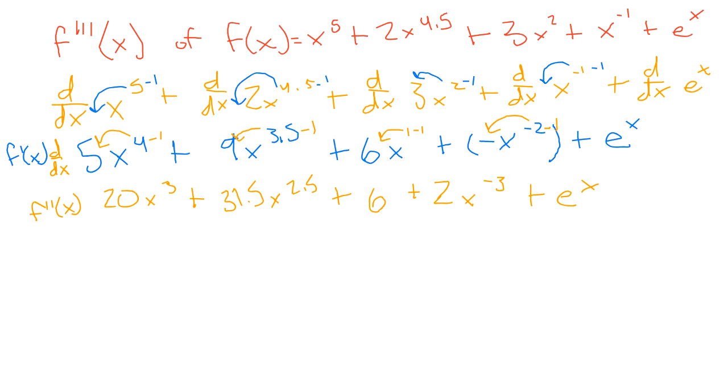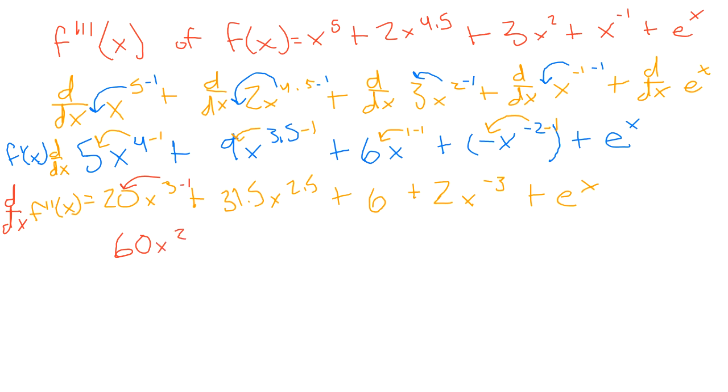Now we do this one more time to get down to our third derivative. Once again, we pull this 3 out in front. 3 times 20 is 60, x to the 3 minus 1, which is 2.